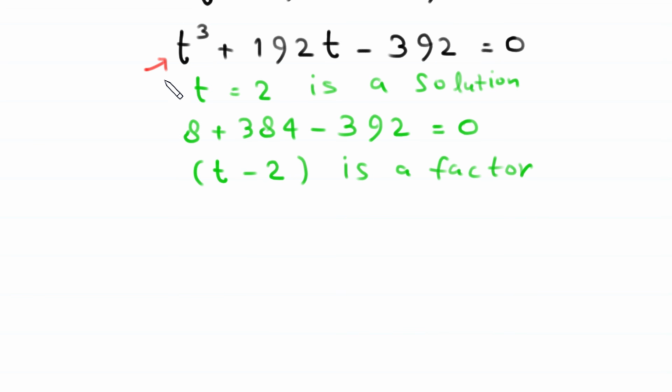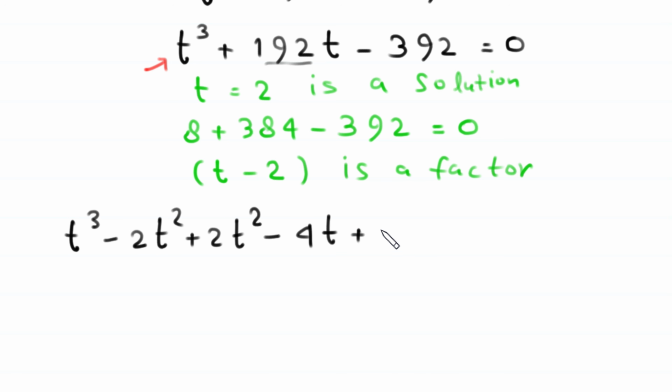So we rewrite this equation as t cubed subtract 2t squared and add 2t squared. Write this 192t as negative 4 times t plus 196 times t minus 392 equal to 0.